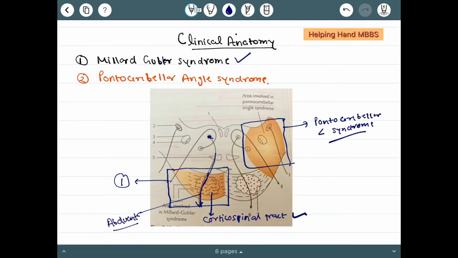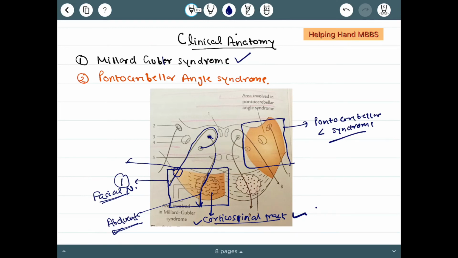So two structures affected till now are the corticospinal tract and the abducent nerve. One more structure, the facial nerve, is also affected here. This is the facial nerve which crosses over and comes like this. It will be very easy for us when we see this diagram and correlate the clinical anatomy. So the corticospinal tract, abducent nerve and facial nerve are the main structures present here and are affected.